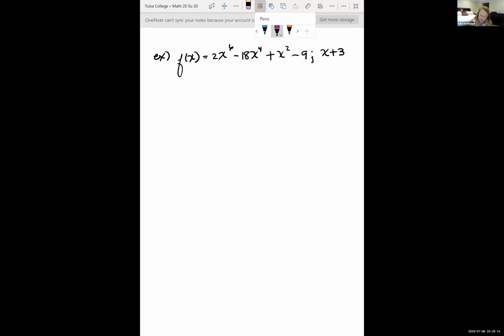So let me just put -3 up here. And then we want to write the coefficients, just the coefficients in front of our polynomial of f of x.